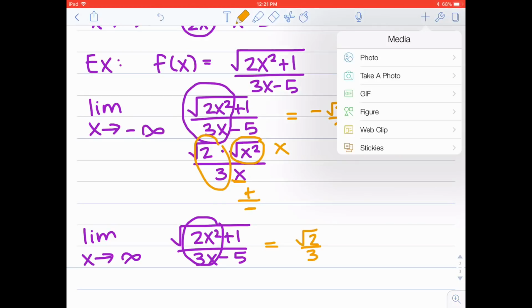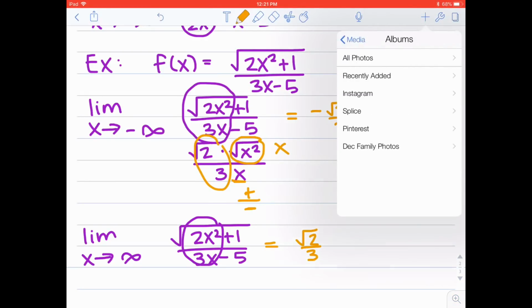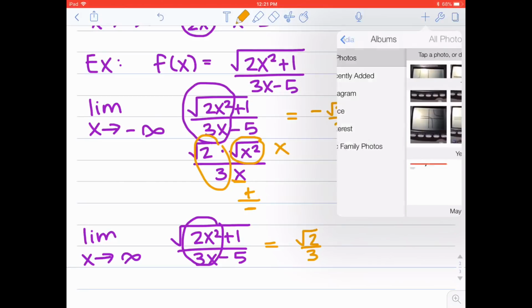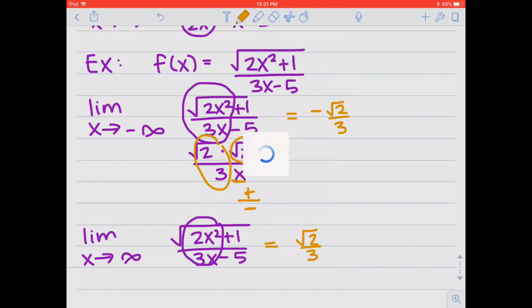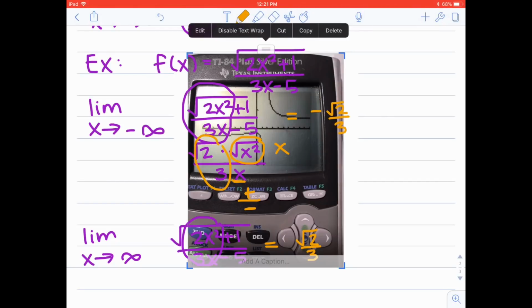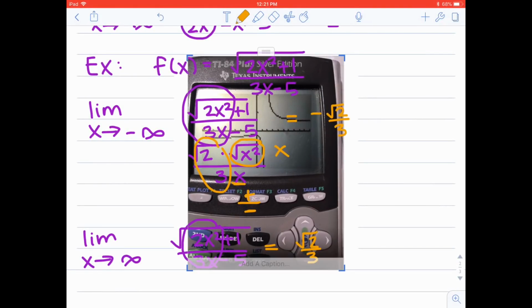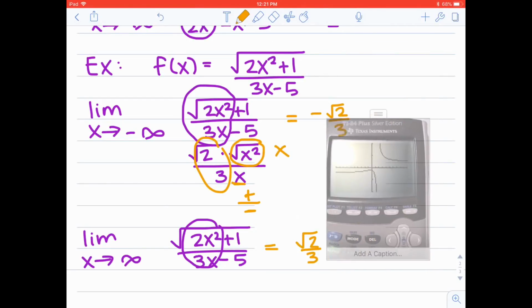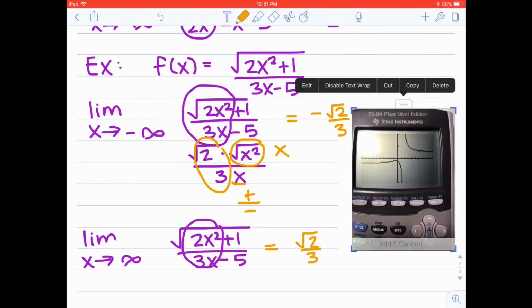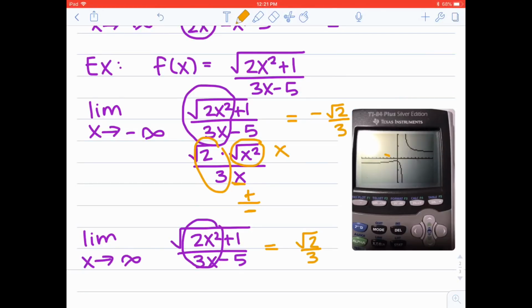Alright, and I'm pretty sure I have a picture of this one. And that was this one right here. If you look at this picture, as x goes to negative infinity is over here, and you can see that it actually had a little bump up right there.